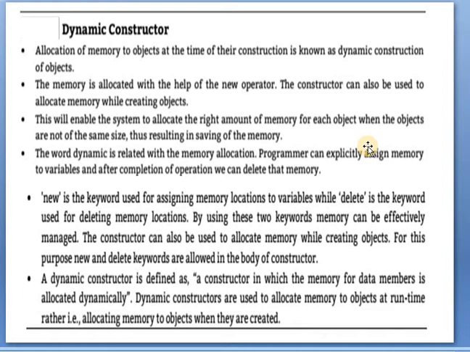Dynamic constructors are used to allocate memory to an object at runtime, rather than allocating memory to the object when it is created. See, the very simple thing, when a programmer allocates the memory location to the object at runtime, then it is known as the dynamic constructor.